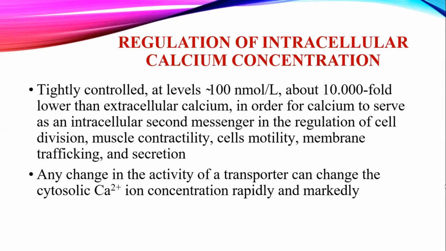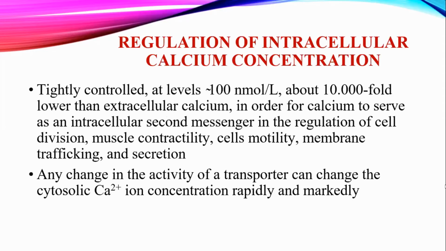Generally this extracellular calcium homeostasis is maintained by three hormones: parathyroid hormone, calcitonin hormone, and vitamin D. This extracellular homeostasis is necessary for the proper action of skeletal muscles, that is muscle contraction, and the proper action of the heart and other things like that.